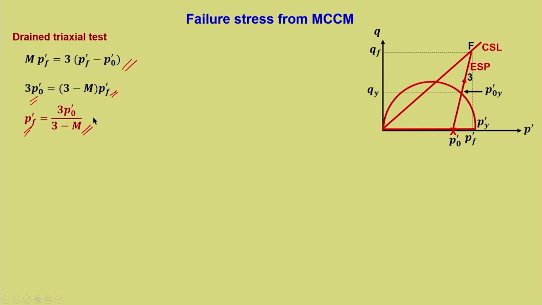You can see in this equation that P dash F is the required failure stress. That is a function of P naught dash, which is the initial condition, and M, which is a critical state parameter.